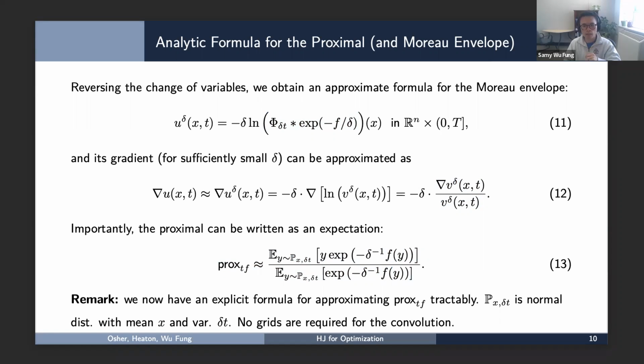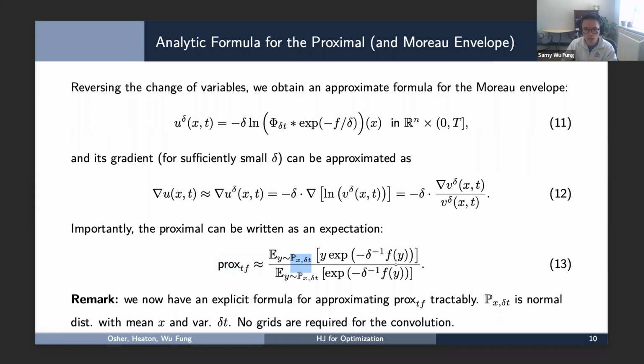Okay, you may have some questions about this part here, but assuming that this holds, then what this means is that now I have a way to approximate the proximal evaluated at x by just sampling, essentially. So it gives us a Monte Carlo approach, where I sample from a Gaussian.